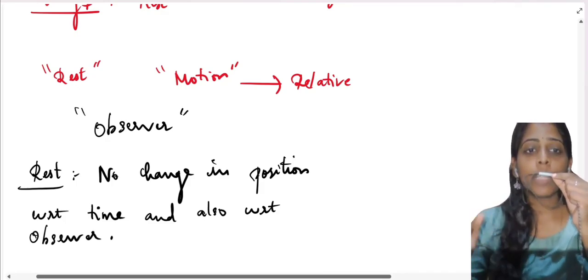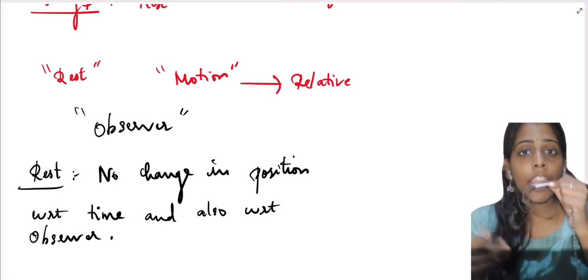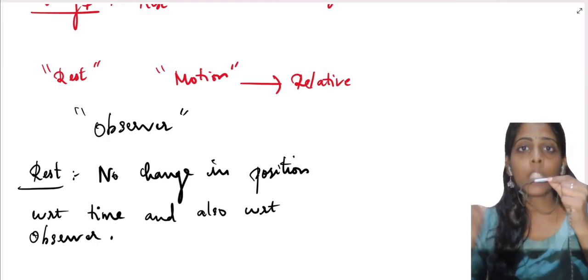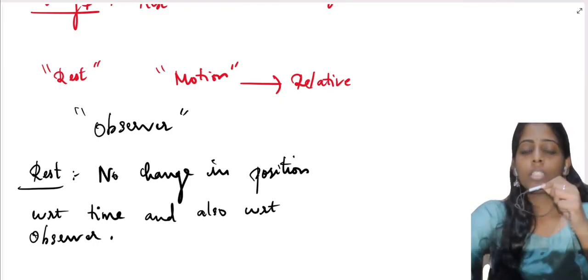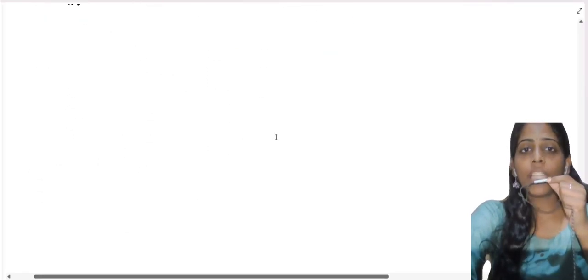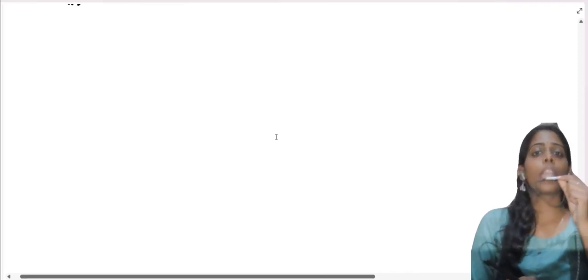Similarly, an object undergoing motion can be defined as having a change in position with respect to time and also with respect to the observer. So I hope now we have a clear understanding of how to tell whether an object is in motion or is at rest.